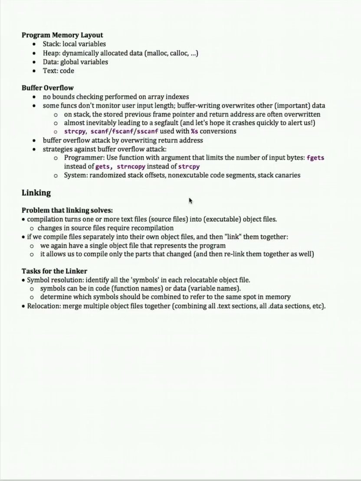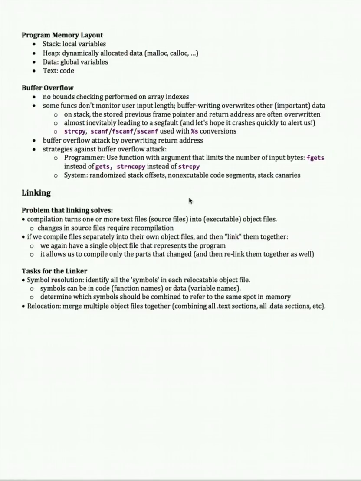The stack holds local variables and return addresses and temporary values, as we've discussed within this review, and heap stores dynamically allocated data, for example, malloc or calloc. And data holds global variables as well as static variables. And lastly, text holds the code or the machine instructions.